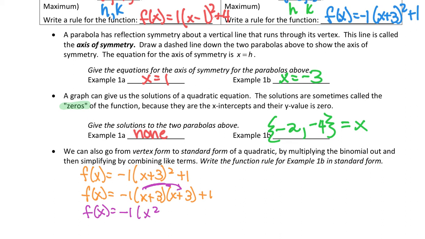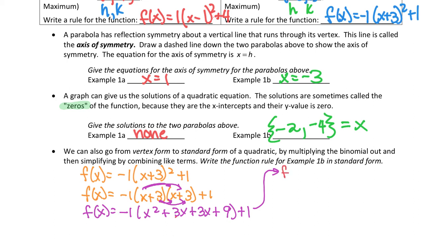This is another way to do double distribution, just show it like this. So x times 3 is plus 3x, and then 3x is plus 3x, and then 3 times 3 is plus 9, and plus 1.